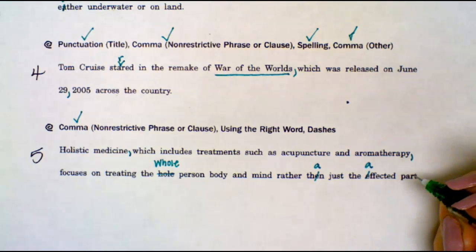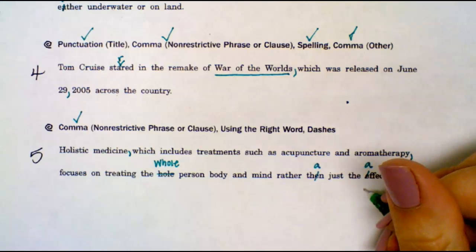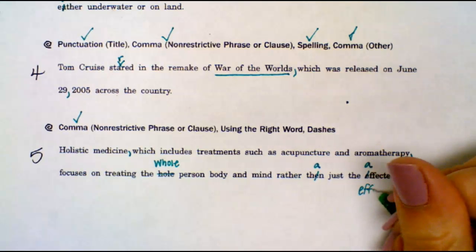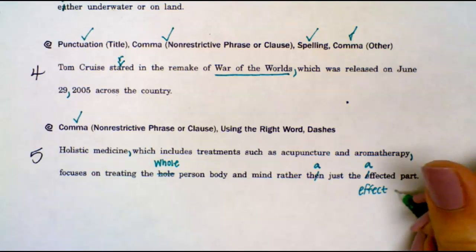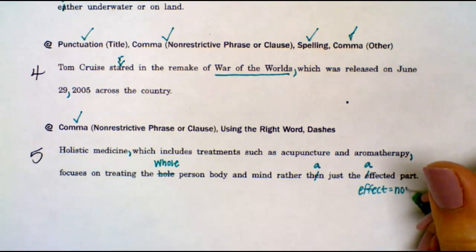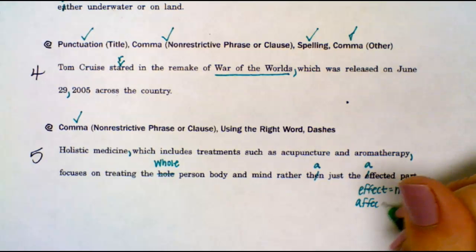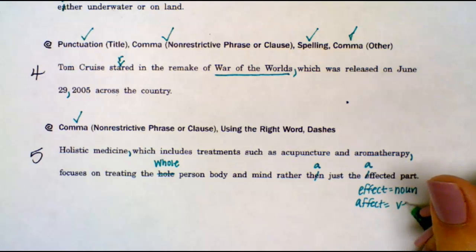If you need to, make a note for yourself on your sentence correction sheet. An affect is typically a noun. An effect is typically a verb.